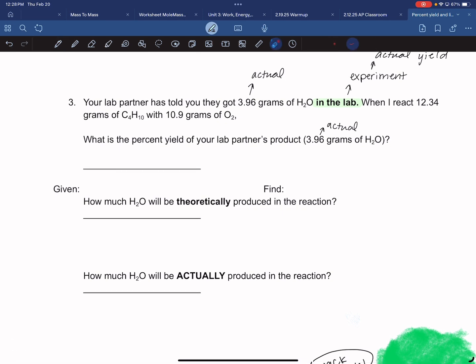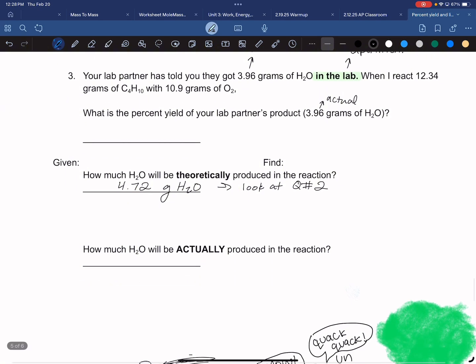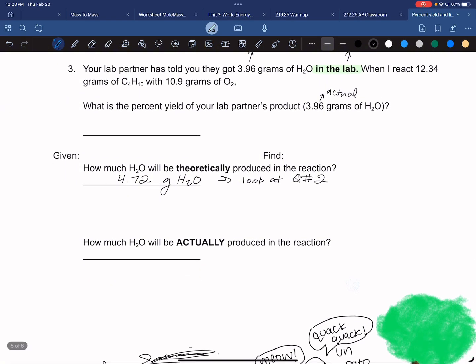So remind me, what was my theoretical yield? 4.72 grams of H2O. So look at question number 2, we already found it. So my question to y'all is, how much H2O will actually be produced again? Yes, 3.96. 3.96 grams was actually produced.